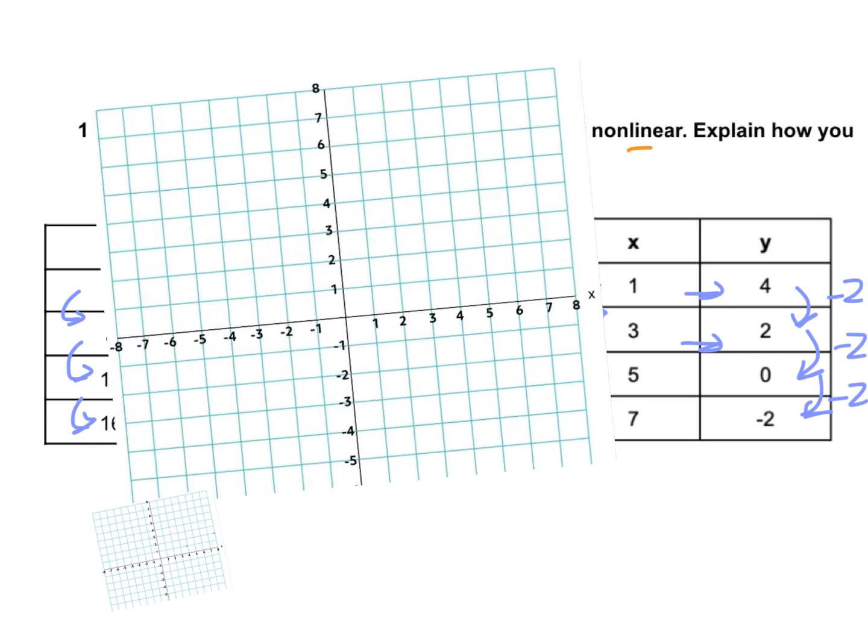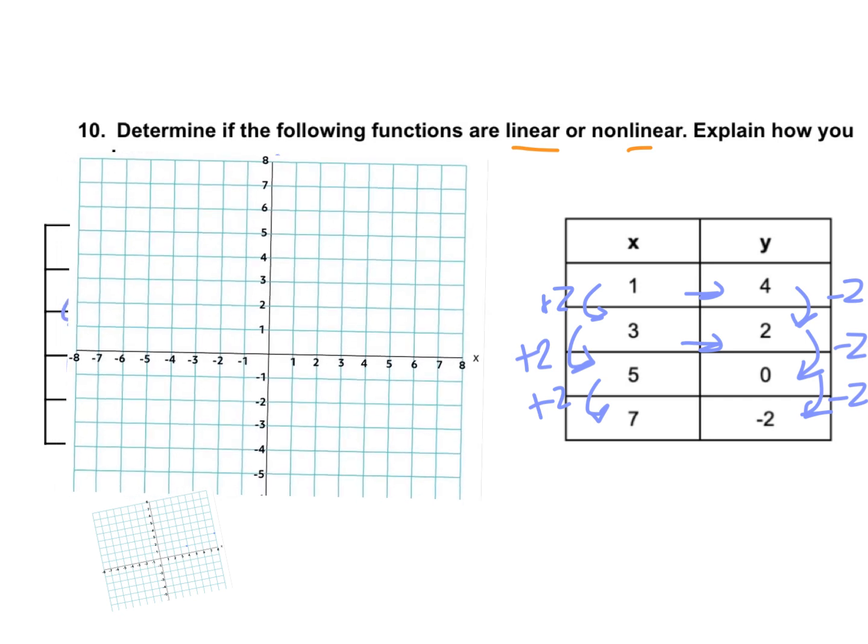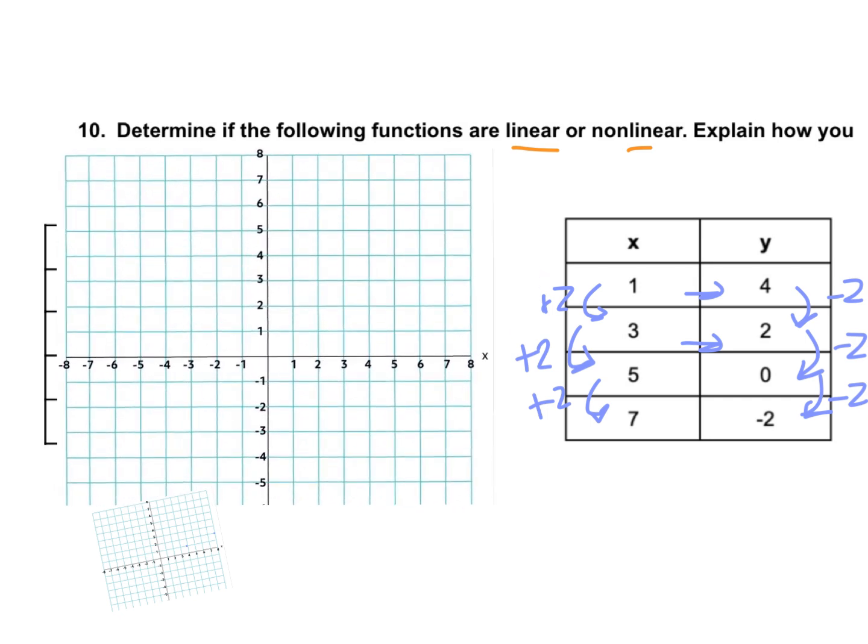I'm going to put it on a graph though too and just see, does this make a straight line if I graph it? And then that's some really good proof too, because then it really shows that it's a linear relationship. So over 1 up 4, over 3 up 2, over 5 to 0, over 7 down 2, and yeah, look at that.